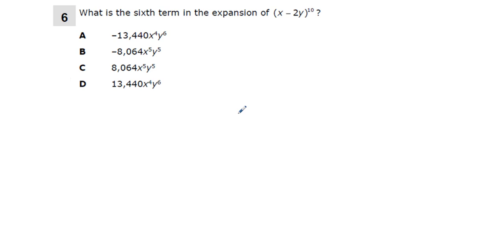6. What is the 6th term in the expansion of x minus 2y to the 10th power? And we've worked these, I've tried to prep you over time, and so we can use Pascal's triangle: 1, 1, 1, that's our first row, 1, 2, 1, that's the second, and 1, 3, 3, 1, that's our third row, and we could continue like this.